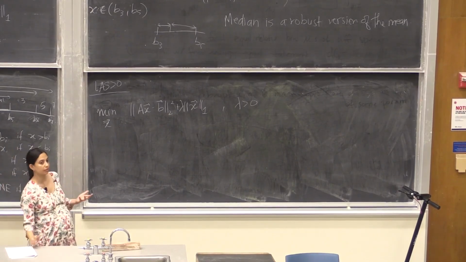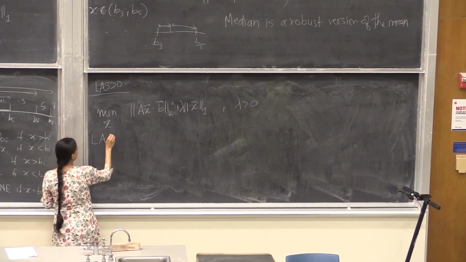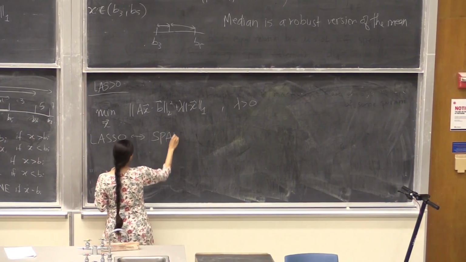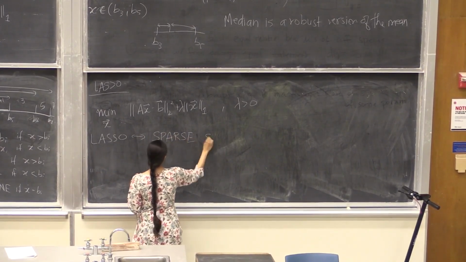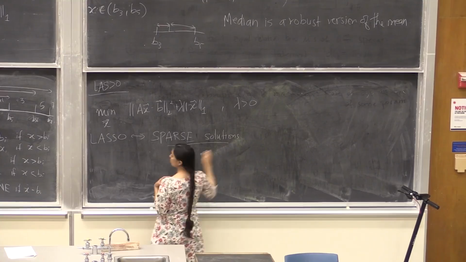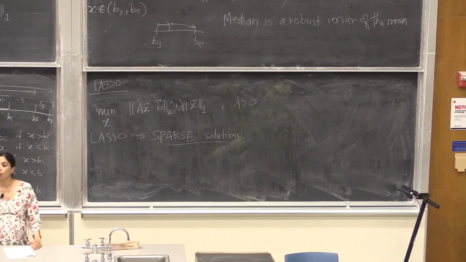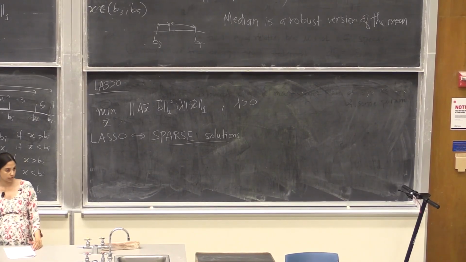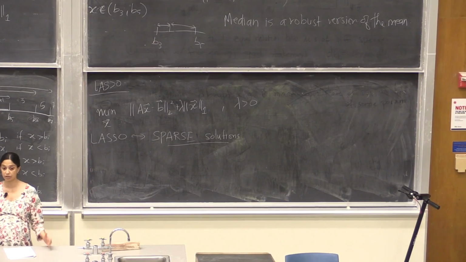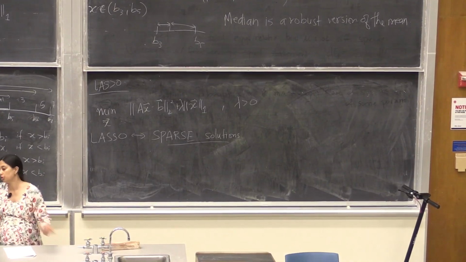And the nice property of this, which you may have heard talked about colloquially, is that the lasso optimization problem is good at finding sparse solutions. So what do we mean by sparse solutions? A sparse solution is one where many of the entries in your unknown vector are set to 0. A sparse vector is one that has most entries set to 0. There are few non-zero entries.